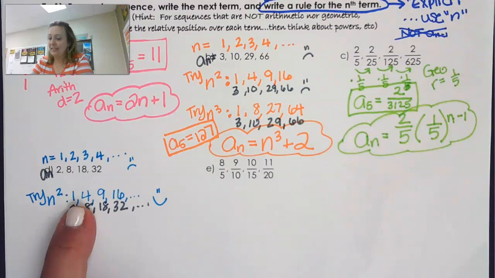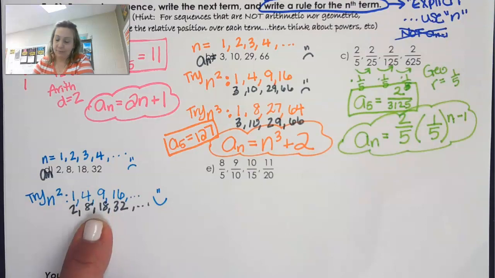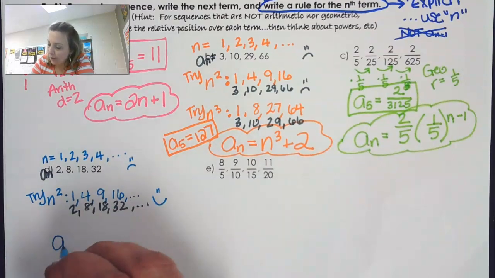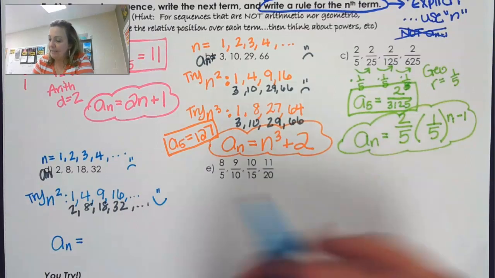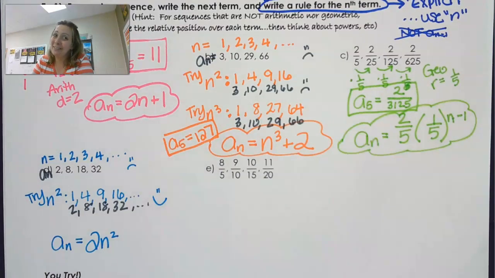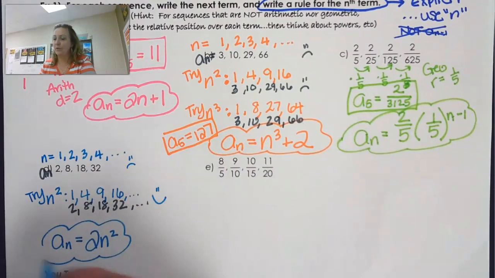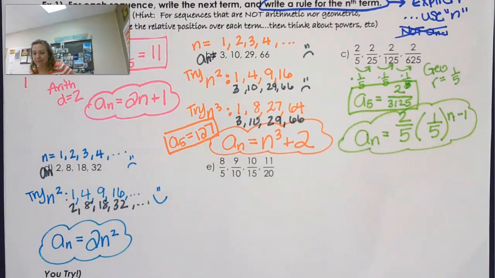All I need to do is take these values, which are n squared, and multiply them by 2. So our a sub n means that we're going to take n squared and multiply it by 2. Instead of saying n squared times 2, it is best just to write it as 2n squared with the coefficient in front.